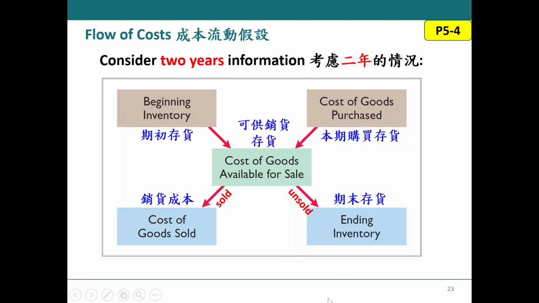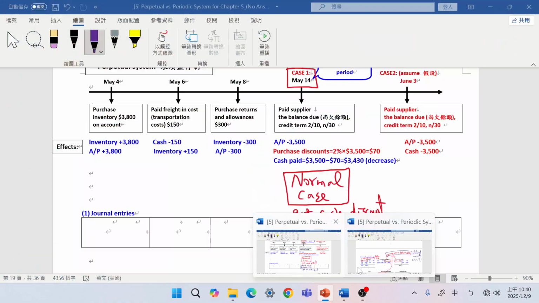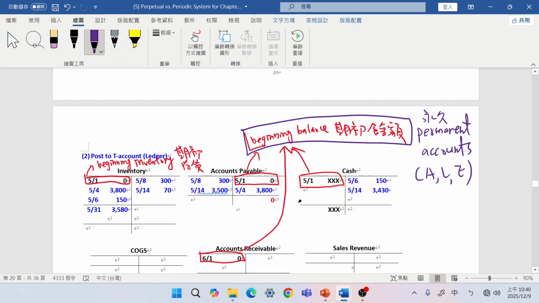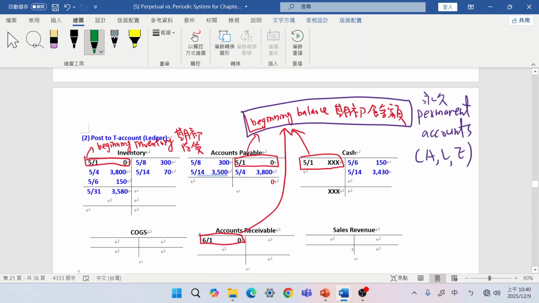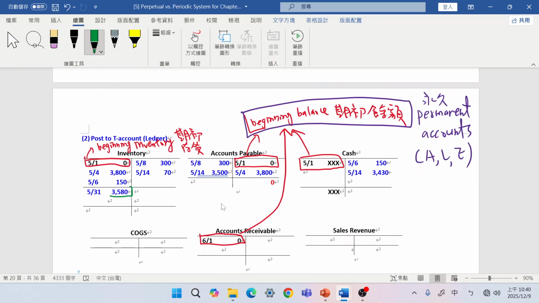So when you got the number right here, you have to understand what it means. This number means what? There's an inventory available for sale. 可供销售存货. Okay?